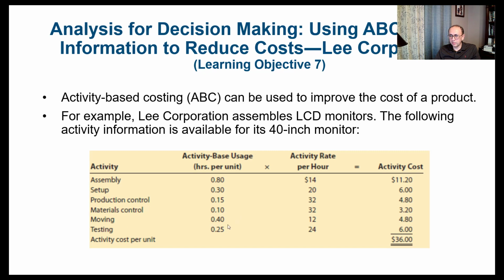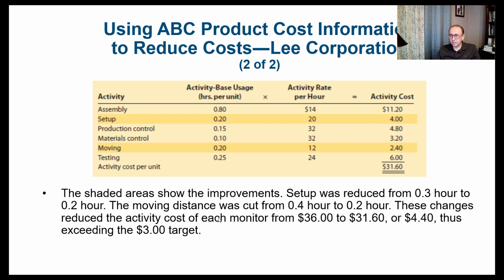And the moving went down from 0.40 to 0.20. In this chart you can see that this went to 20 and this went to 20. It used to be 30 and this used to be 40.